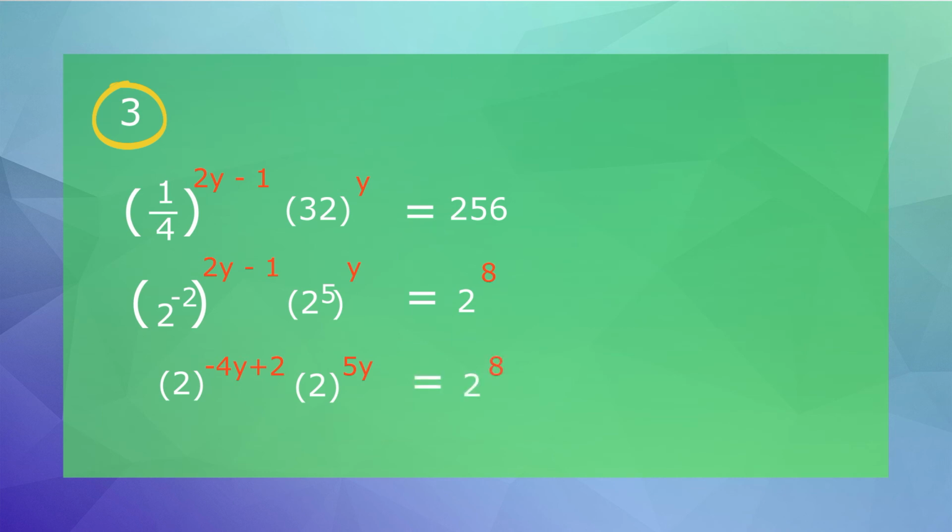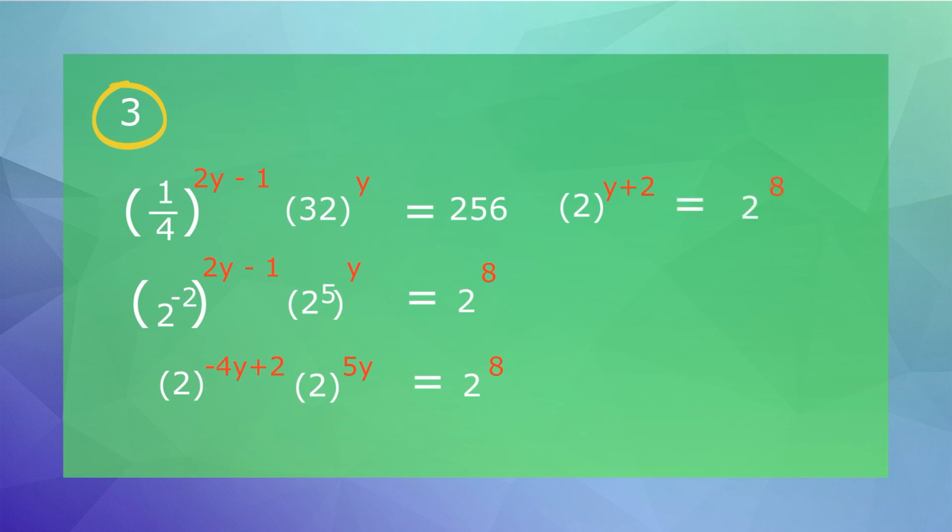Then, combine 2 to the negative 4y plus 2 and 2 to the 5y by the product rule. Just add the exponents. Negative 4y plus 2 plus 5y is equal to y plus 2, which will make our equation 2 to the power of y plus 2 is equal to 2 to the power of 8.